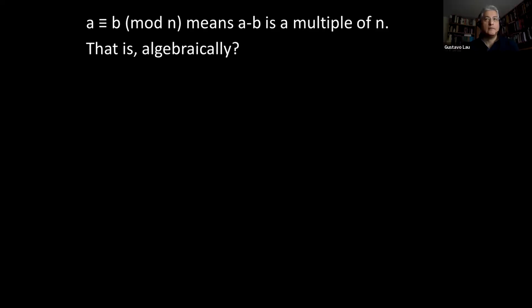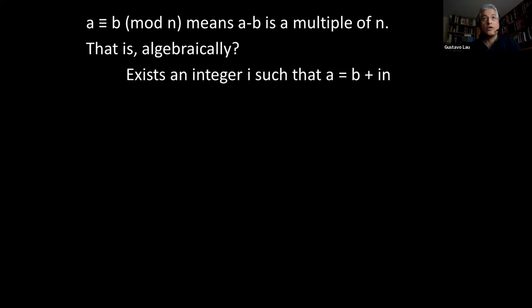Okay, yes. And also minus N, minus 2N, minus 3N. So that's an integer multiplied by N. Okay? So to say that A minus B is a multiple of N is the same as saying that there exists an integer I such that A equal B plus IN.